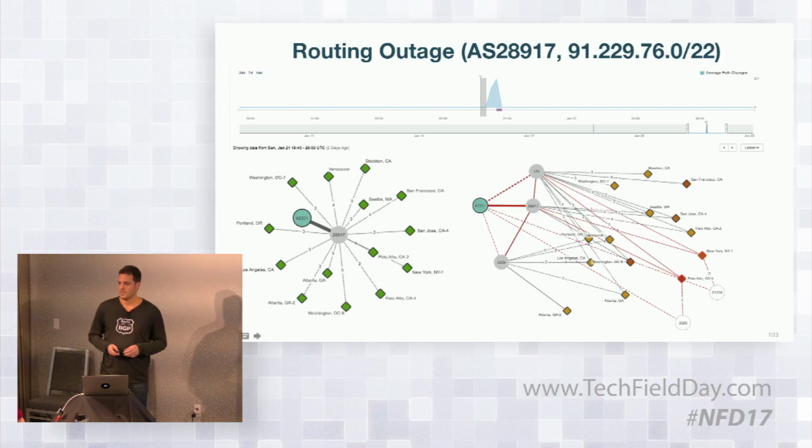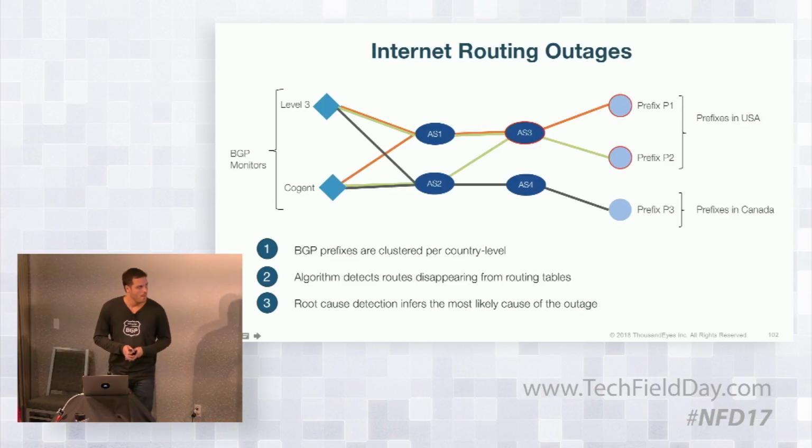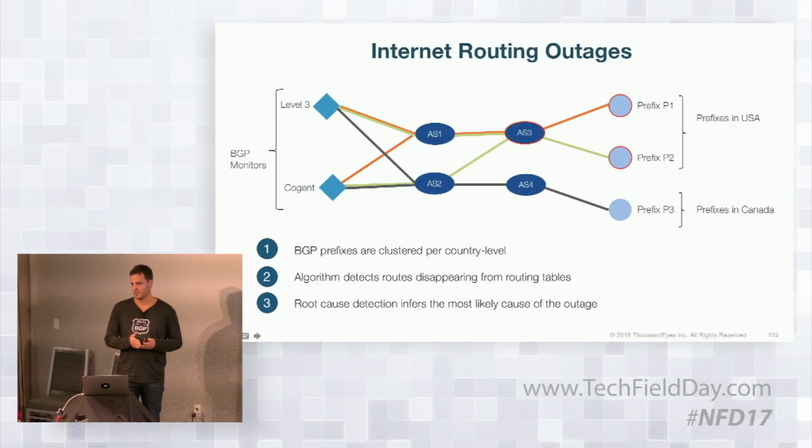Looking at routing, how does it do that? How do you do that? At a high level, what we do is we see a population of prefixes disappearing. We go back in time to the point where they were still available. And we see how the routers that saw those prefixes disappear were reaching those prefixes. And there's usually a concentration around a certain service provider.